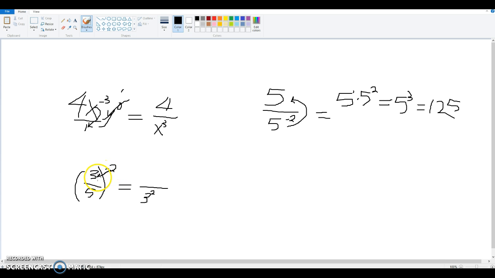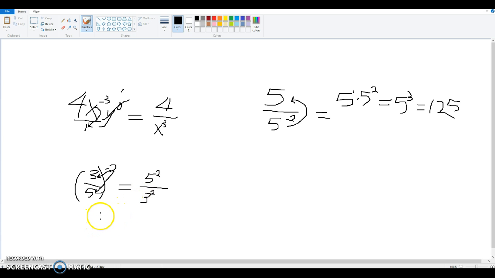Okay. And I also apply that negative 2 to the 5. And so I have 5 to the negative 2, and I move it up. Now I did 2 steps in one. Basically, I took the reciprocal of this fraction. The reciprocal of a fraction is you just flip it. So I just flipped it, and I applied the 2 to both of those things.